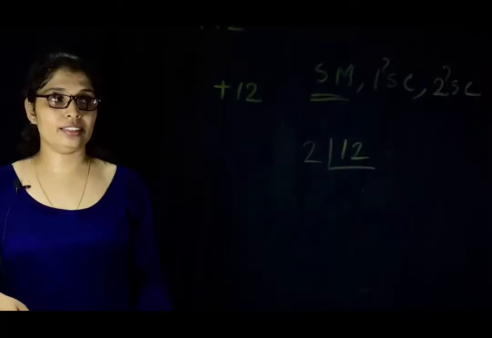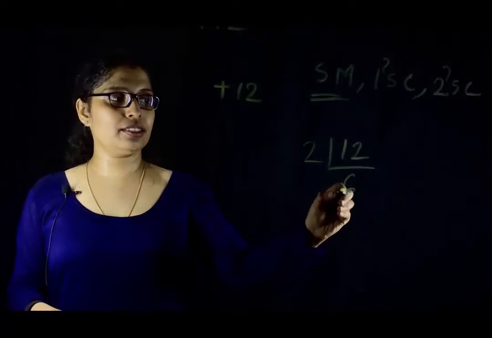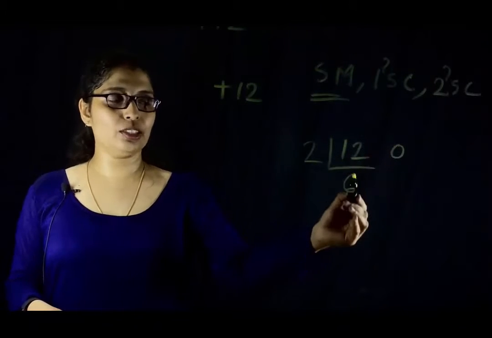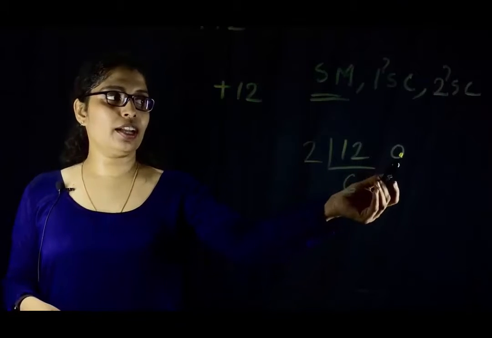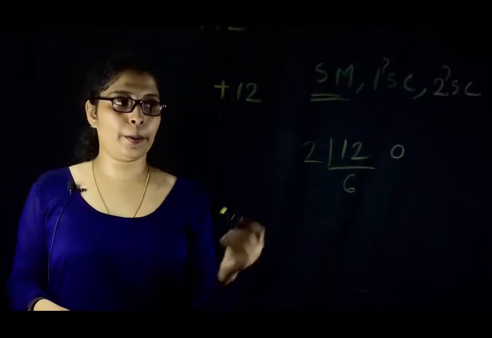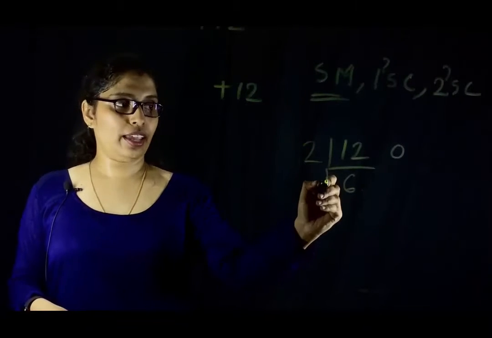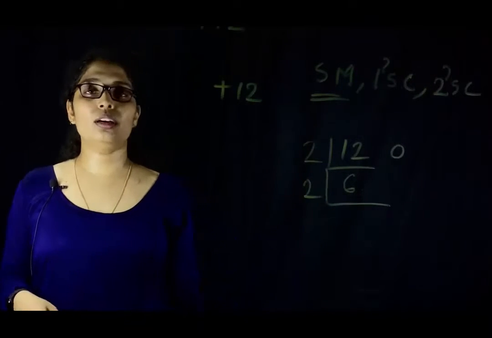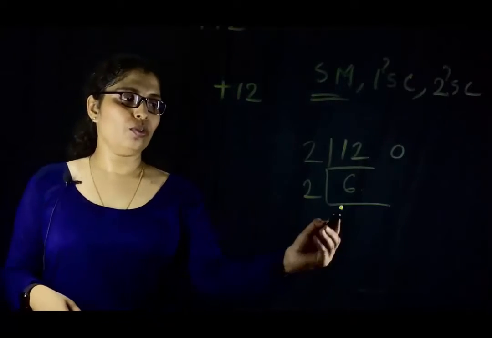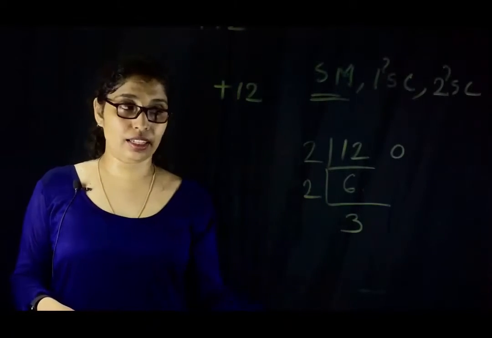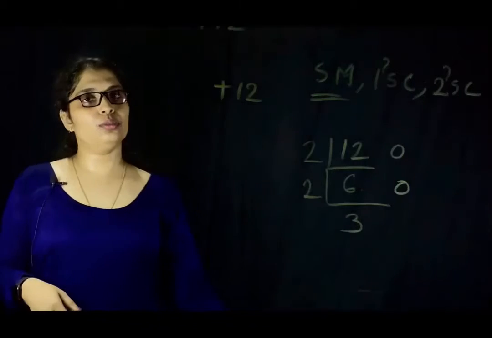While dividing this, we get a quotient 6 and remainder 0. Write the quotient down here and write the remainder over here. Then again, 6 is greater than our divisor 2, so again divide 6 by the same base value 2. Now we get the new quotient 3 with the remainder again 0.